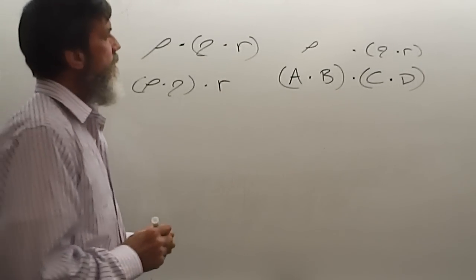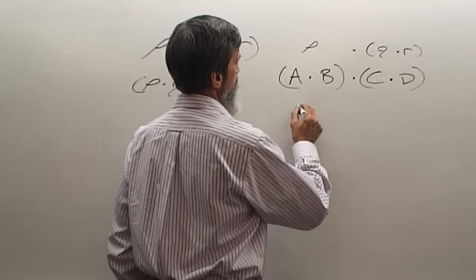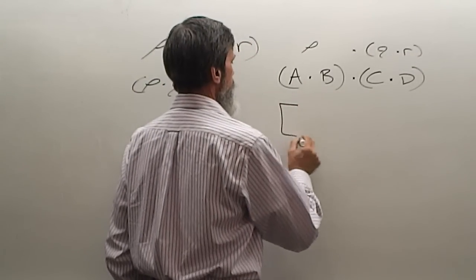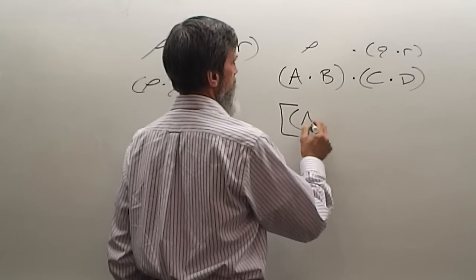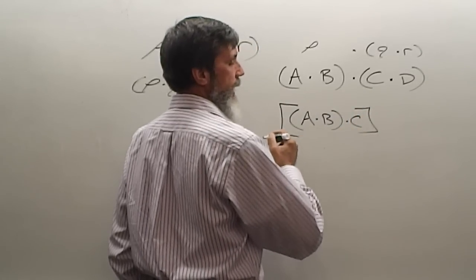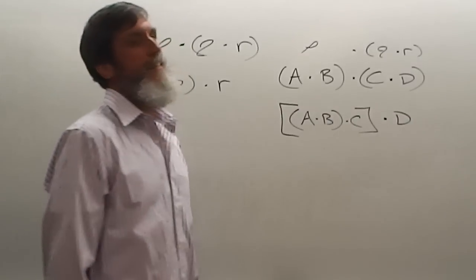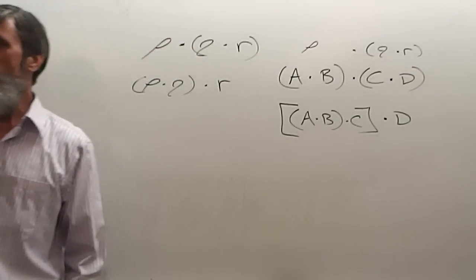Got it? Read it off for me. Okay, it will be bracket, parentheses, A and B, parentheses, and C, bracket. Is that it? Oh, and D. Okay, that's it. So why don't you just record that for your notes?